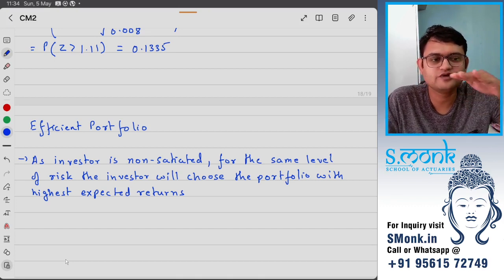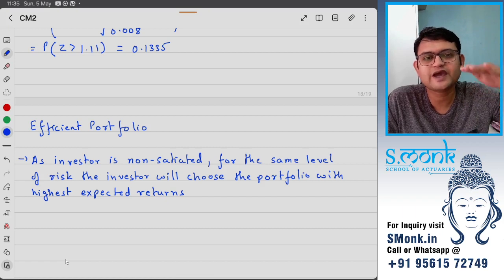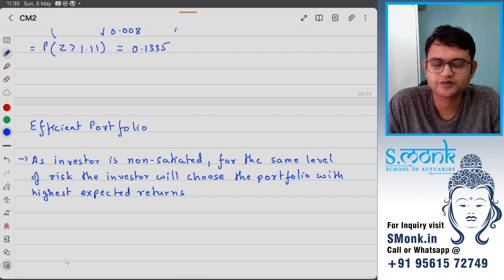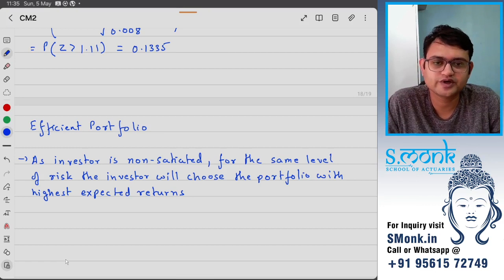So for the same level of risk, you would choose the maximum returns that you can get. Okay. Because you are not going to be satisfied with lower returns.